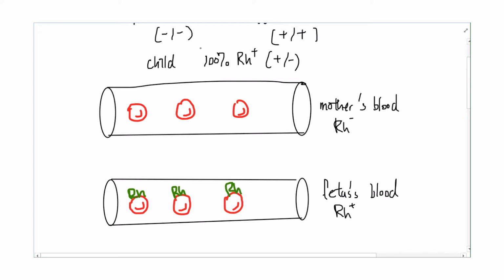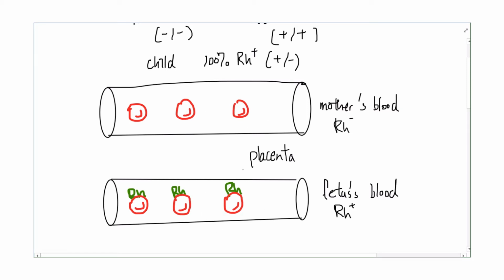So typically, what separates the mother and the child during pregnancy is the placenta. So this here in between, that's going to be the placenta. Now the placenta is pretty good at separating the mother's blood and the fetus blood.